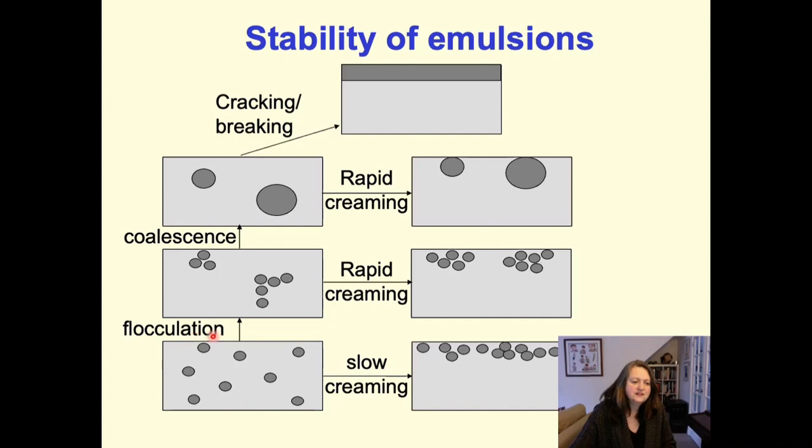So this ideal situation at the bottom here, where all of our small droplets are separate, we'll be able to keep them separate by controlling the density and the viscosity of the continuous phase, and by thinking about the surface properties of these droplets so that when 2 droplets come together, they don't coalesce. We also are not going to want to create systems where we choose to flocculate, because a flocculated system is very likely to coalesce.